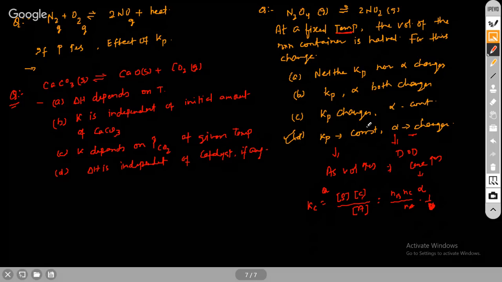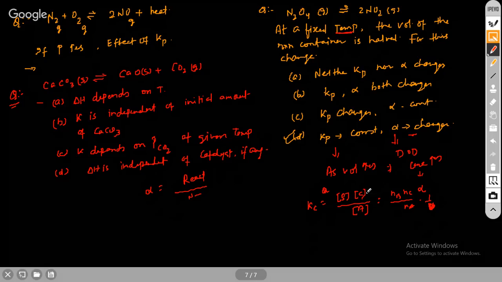But does it increase or decrease? Alpha is the number of moles reacted divided by the initial number of moles. If the number of moles reacted increases, that will increase alpha also.